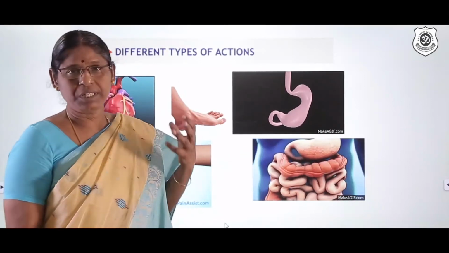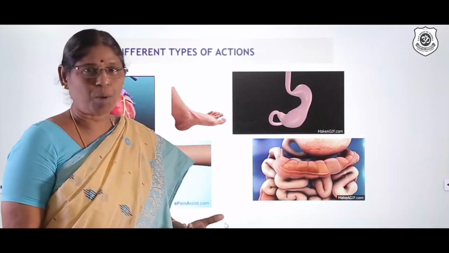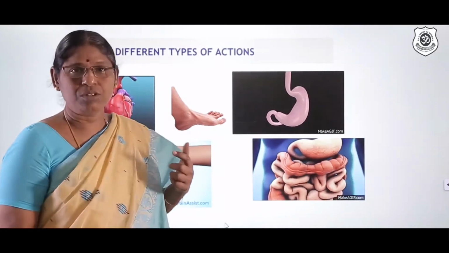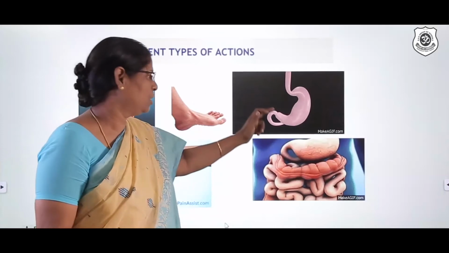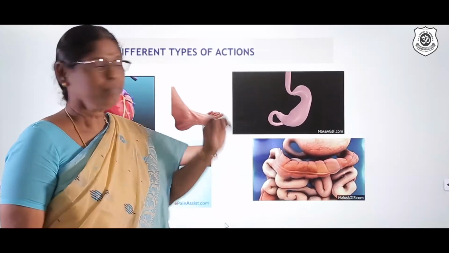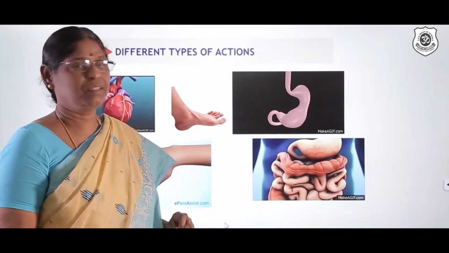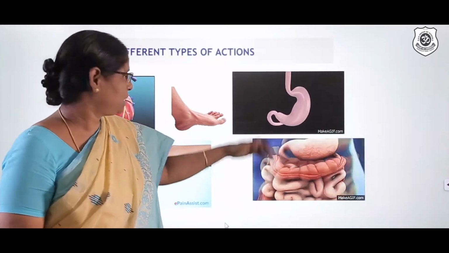Whenever food is put inside your body, it keeps on digesting, and we cannot stop that. In the same manner, the heartbeat also we cannot stop at all because it is an involuntary action. So these three are involuntary actions and these two are voluntary actions, right? So these two kinds of actions normally take place in our body.